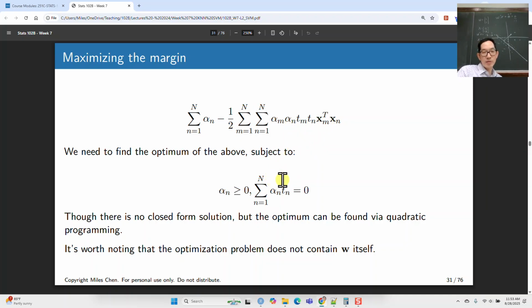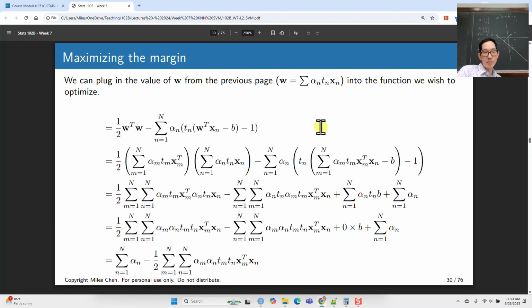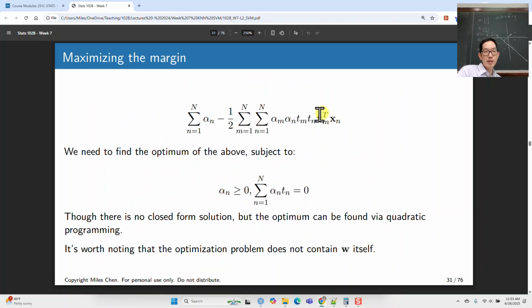And so as far as this optimization problem goes, it really just comes down to figuring out which values of x are the ones that are relevant to it, okay? And those x's will have values of alpha, and then all of the other x's, their associated values of alpha are basically 0.